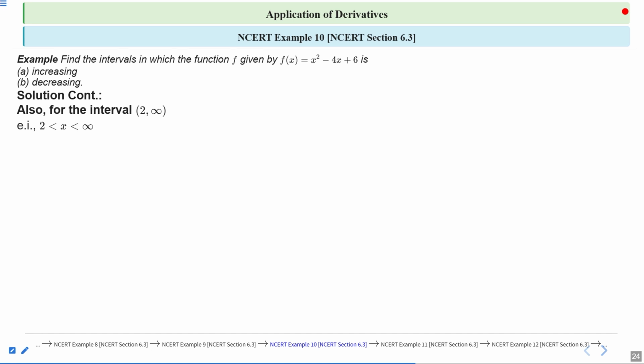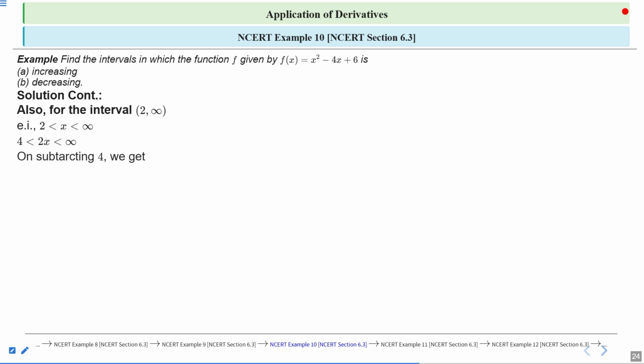That is, x from 2 to infinity. If x is from 2 to infinity, 2x will be from 4 to infinity.